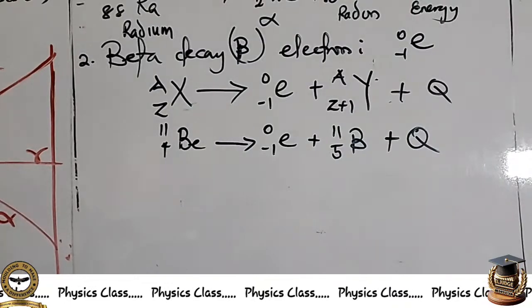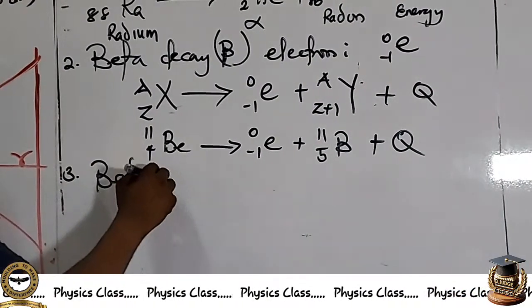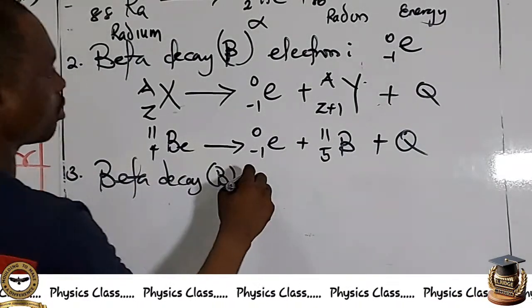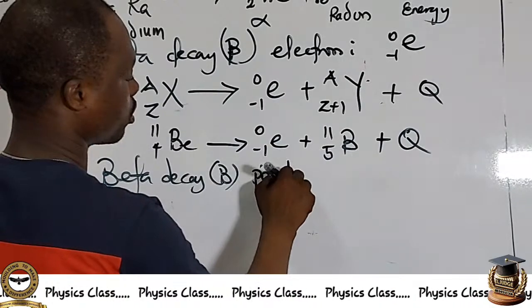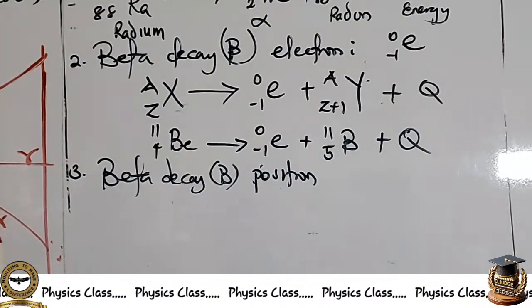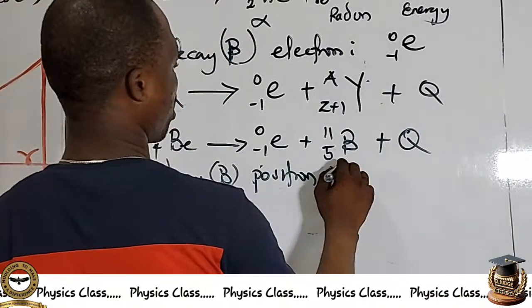The second part of beta decay is the positron. This is positron. The positron is quite different from the electron. Positron is the positive part. So we have 0 1 e.